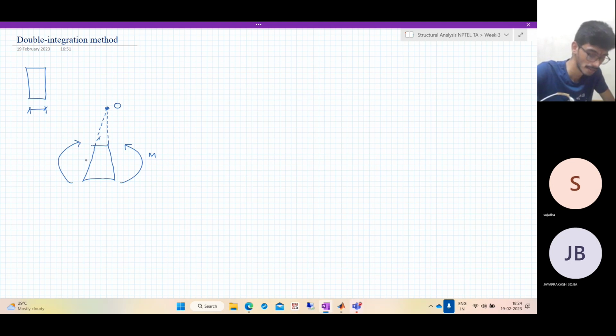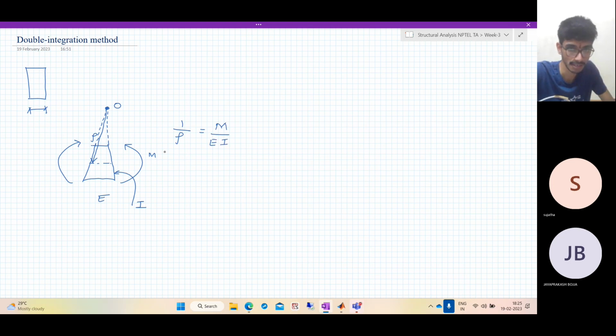They meet at a point, and this is the beam center line. You call this distance the radius of curvature rho, and the beam section has a moment of inertia I, and it is made up of a material with Young's modulus E. Based on all these assumptions that plane sections remain plane, they remain normal to the neutral axis and so on, you get the bending formula, which is 1 by rho is equal to M by EI.